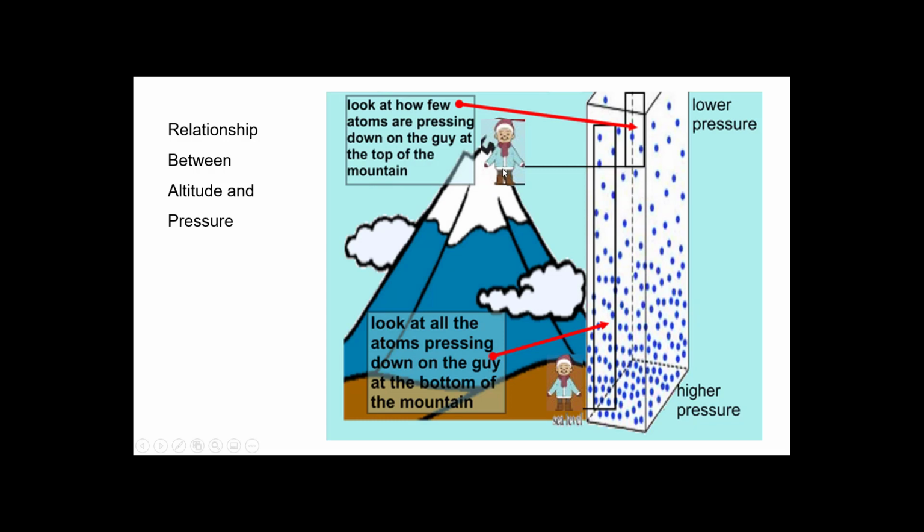So there are fewer molecules bombarding up here than down here. This is what high pressure means. This is what low pressure means. The molecules hitting you constantly are fewer up above. So lower pressure means the molecules are not hitting each other as much. And down here, constant molecules are colliding with stuff, so the pressure is very high.